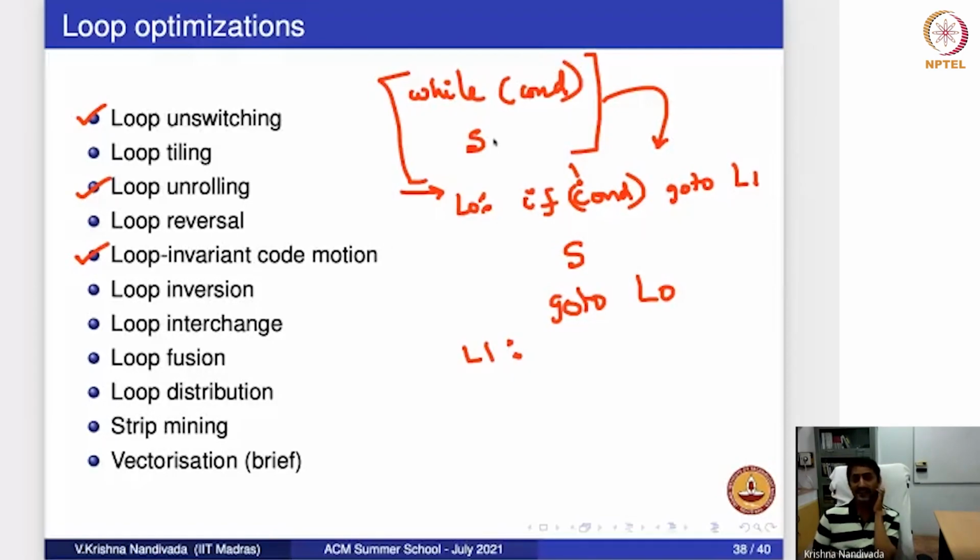So for every iteration, how many jumps am I doing, or how many conditional or unconditional branches am I encountering in every iteration? In every iteration, I have one conditional jump and one unconditional jump. Correct?